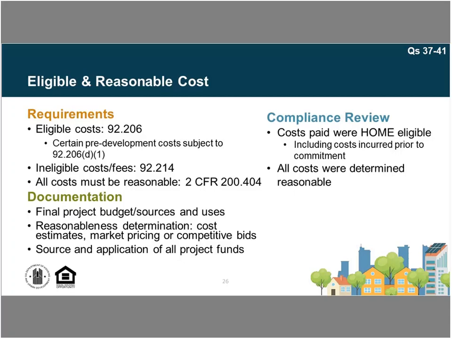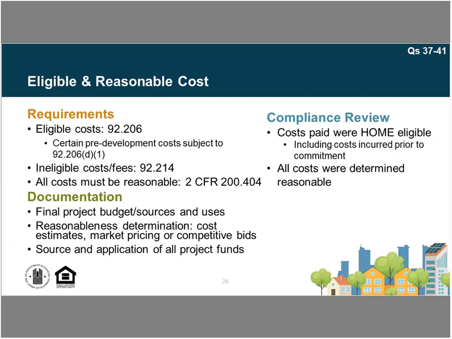The one that I want to call out here with a little extra attention, and it gets a separate question in the monitoring exhibit, is the 24-month limit that HUD has put on architectural engineering related professional services costs that are required to develop the plans and specs and the work write-ups.